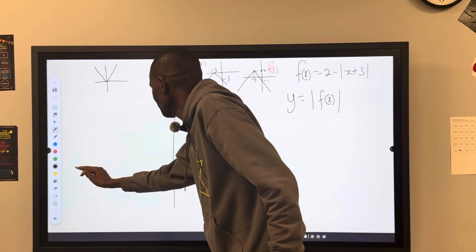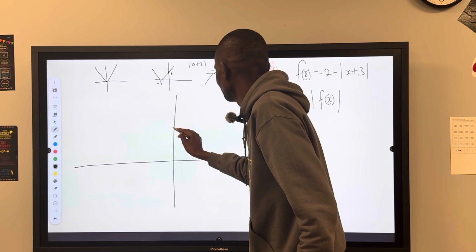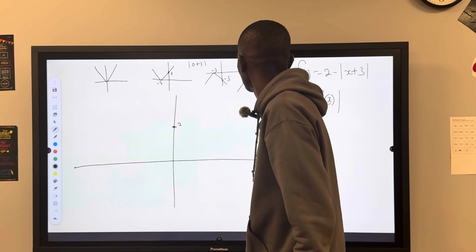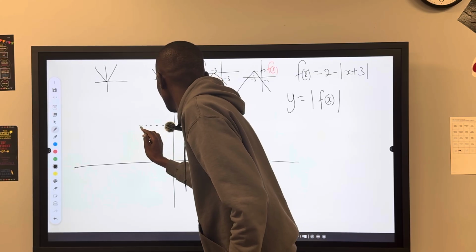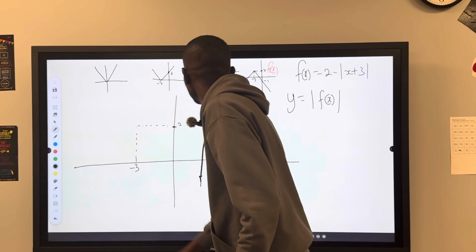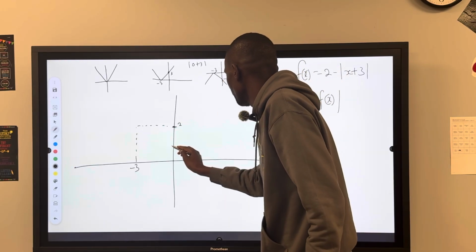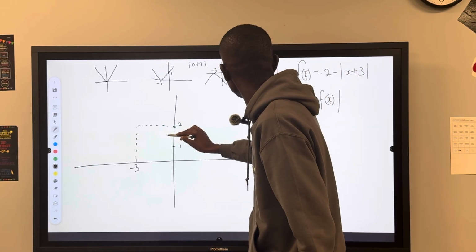This would be the graph that we are looking for, right? So we have our 2 there, and it's going to be our vertex. So our vertex is -3, right? Then we have 1 here.